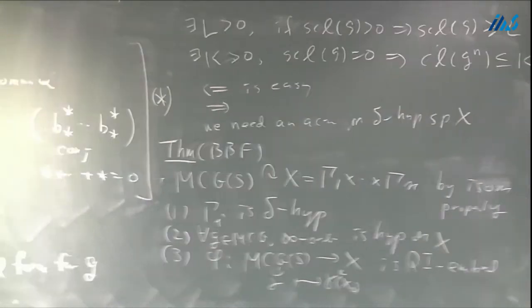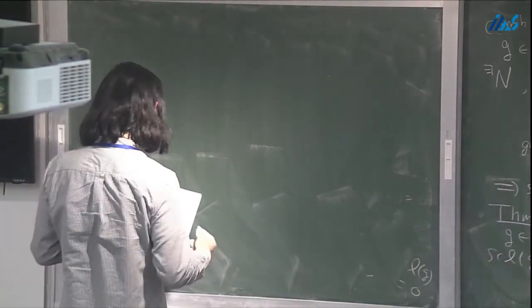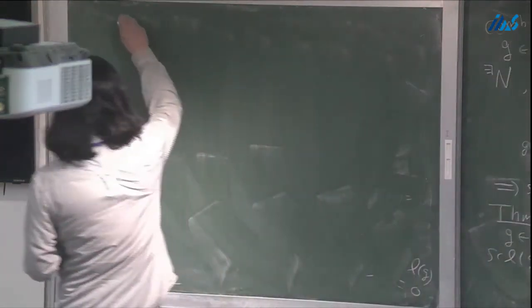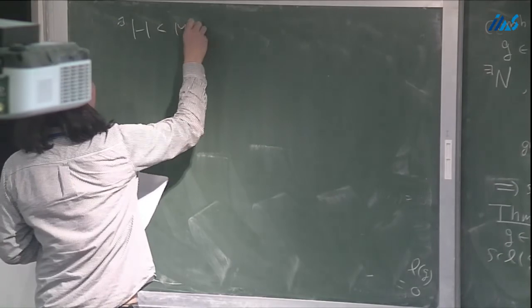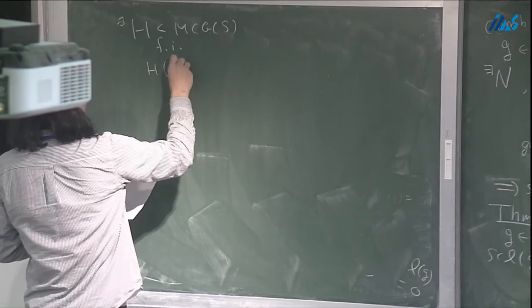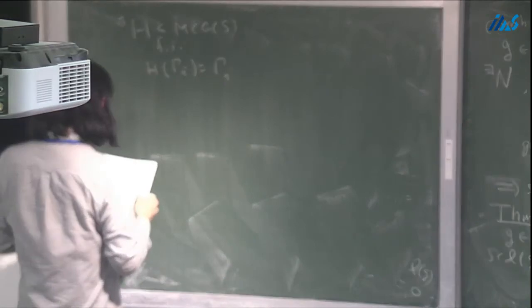So how do we finish or proceed with the proof of this theorem? I told you this action preserves the decomposition, but it doesn't preserve each of the factors. It may permute them, but there are only finitely many of them. So if you go to a finite index subgroup H, it preserves each of the factors.